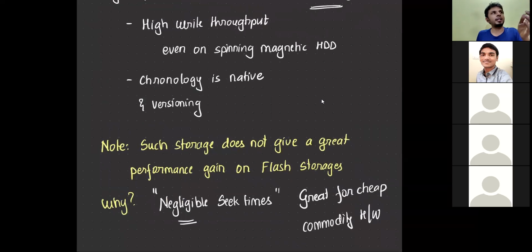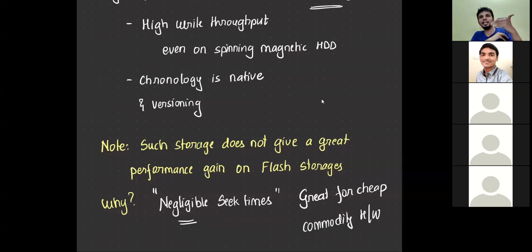A great advantage of having append only storages is that you get chronology by default, because since you cannot go back in time, the new entry that you make will always be appended. For example, if a variable a had its value changed from 1 to 2 to 3, you would get 3 entries there: a equal to 1, then a equal to 2, then a equal to 3. So you get chronology by default.